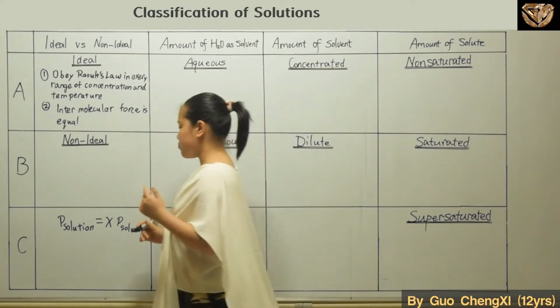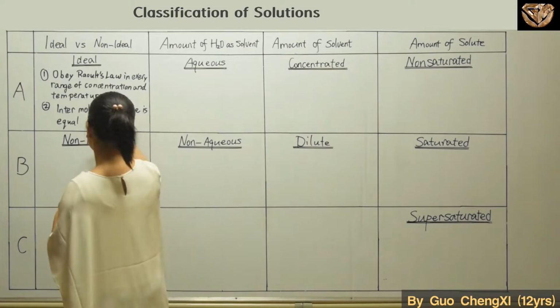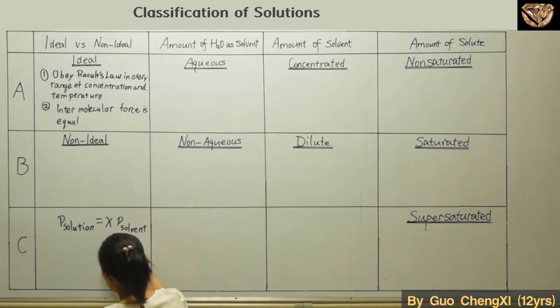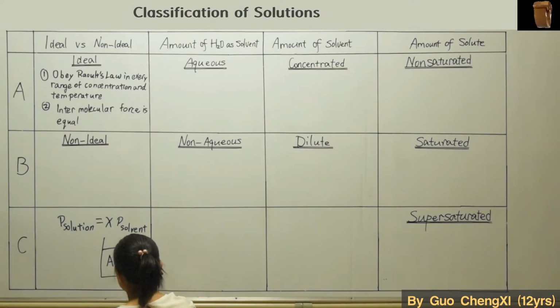For this part, it's basically saying that for the ideal case, there must be two solutions first, okay? Imagine this is the solution before the diffusion happens. There's going to be a barrier here, and over here is solution A and solution B, and here is a barrier.